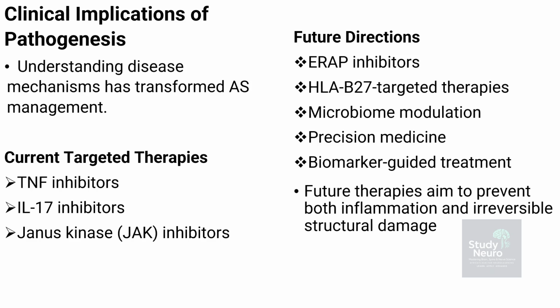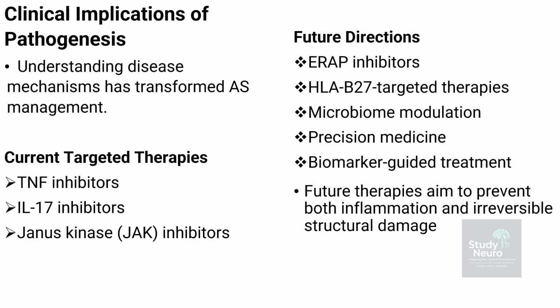Understanding how ankylosing spondylitis develops has changed the way the disease is treated. This knowledge guides modern care. Current targeted treatments block key inflammatory pathways, including tumor necrosis factor, interleukin 17, and Janus kinase signaling, helping reduce symptoms and control ongoing inflammation.